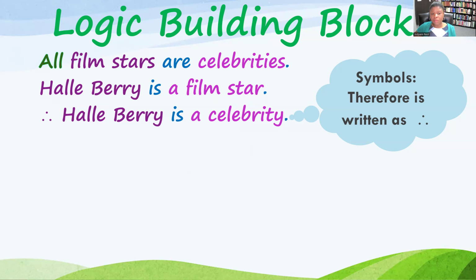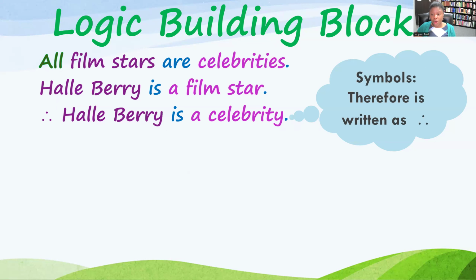So hopefully, with all the information that you got before, you're able to see why this is an argument. You're able to see that the first two propositions or statements are the premises, and the last proposition or statement is the conclusion.